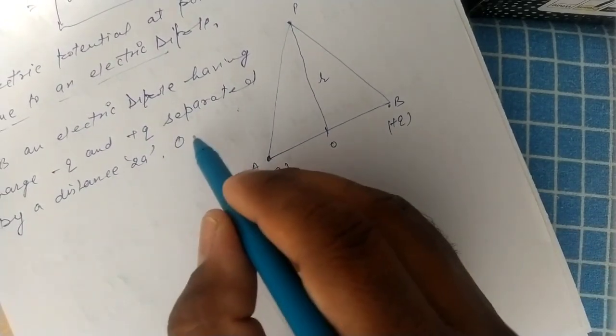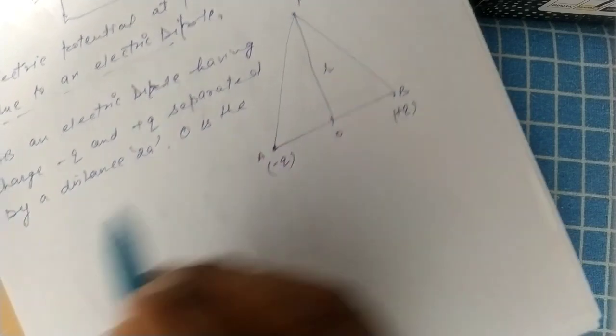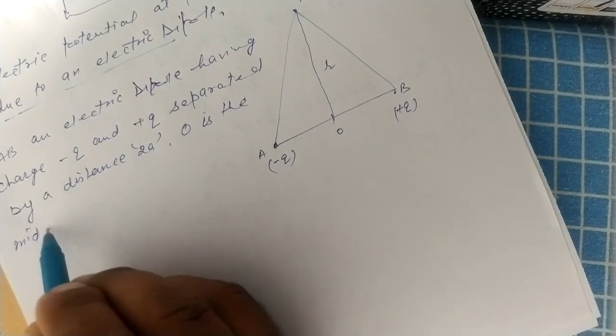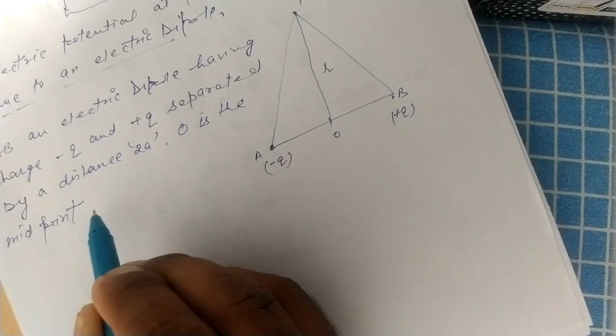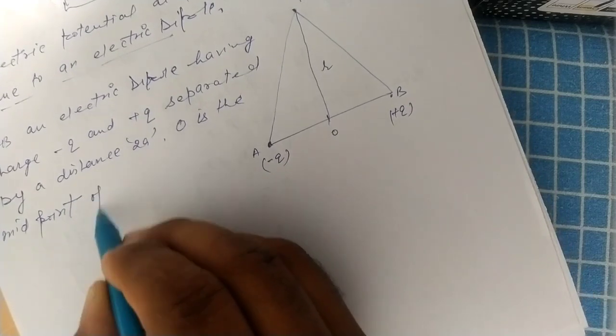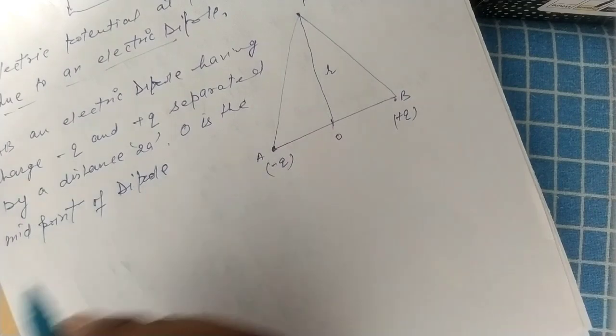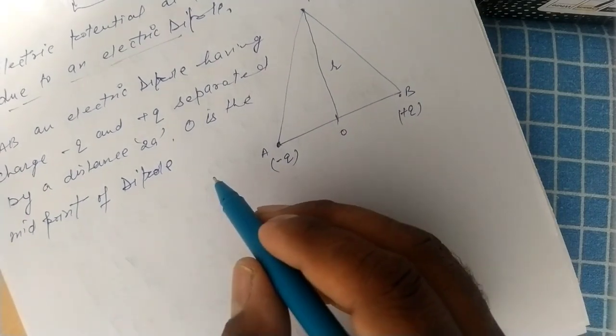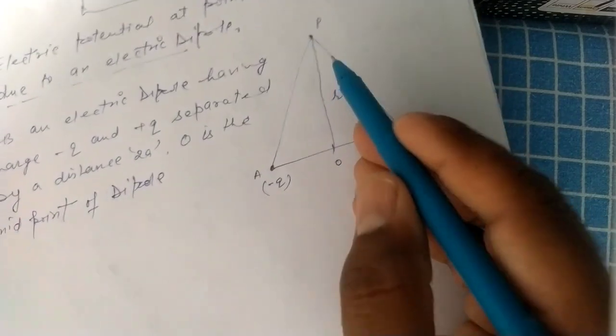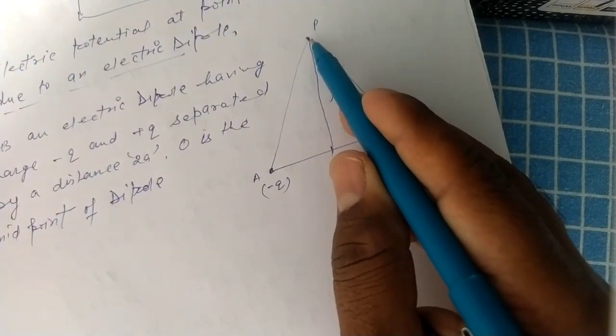O is the midpoint of the dipole and P is the point where the electric potential is to be determined.